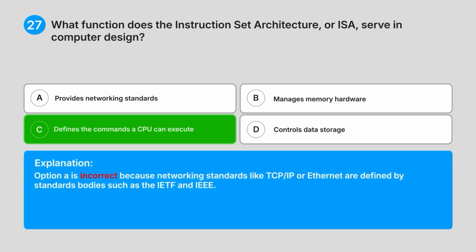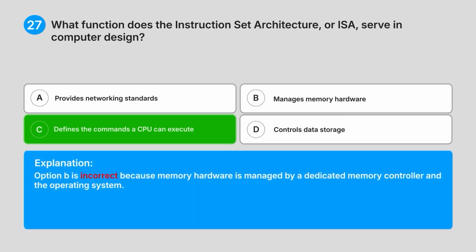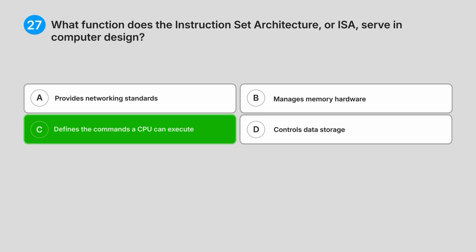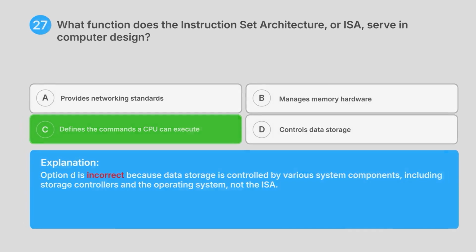Option A is incorrect because networking standards like TCP/IP or Ethernet are defined by standards bodies such as the IETF and IEEE. Option B is incorrect because memory hardware is managed by a dedicated memory controller and the operating system. Option D is incorrect because data storage is controlled by various system components, including storage controllers and the operating system, not the ISA.